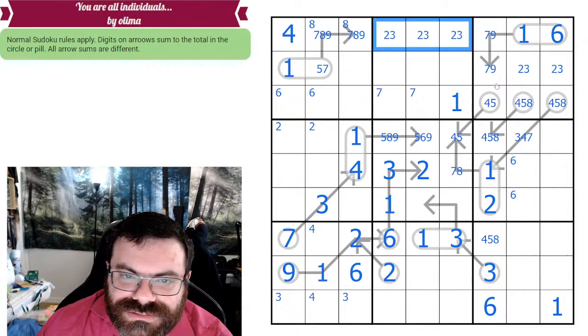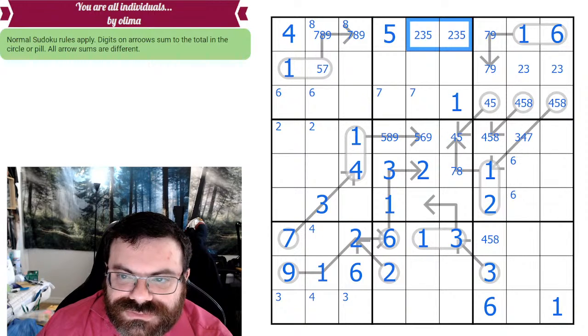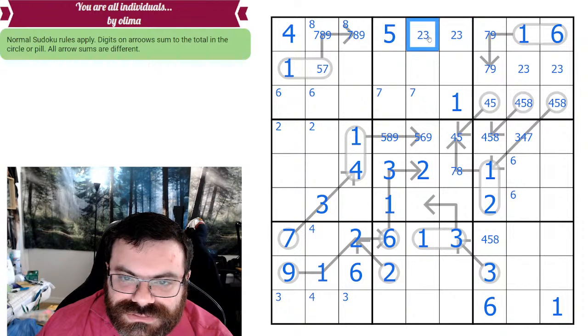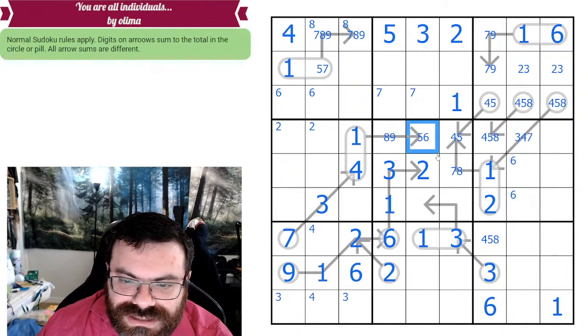2, 3, 5. So this is the 5. This is 3 and 2. That's not a 5, so that's not a 9.